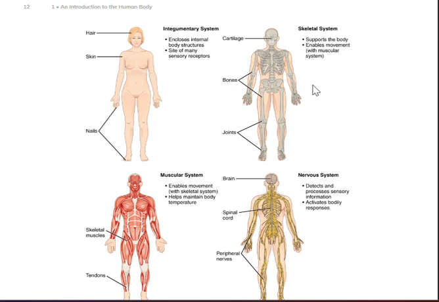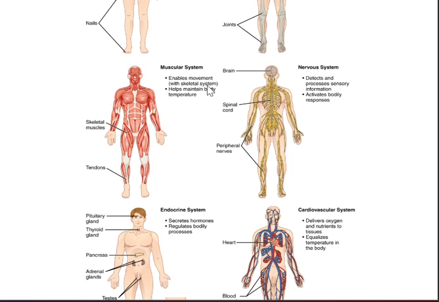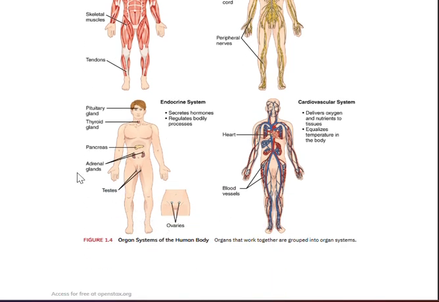Here's an overview of the different body systems: integumentary, skin; skeletal system, bones, which supports the body; muscular system, muscles; nervous system, nerves, brain and spinal cord. The pituitary gland is part of the endocrine system, and the cardiovascular system is the heart.